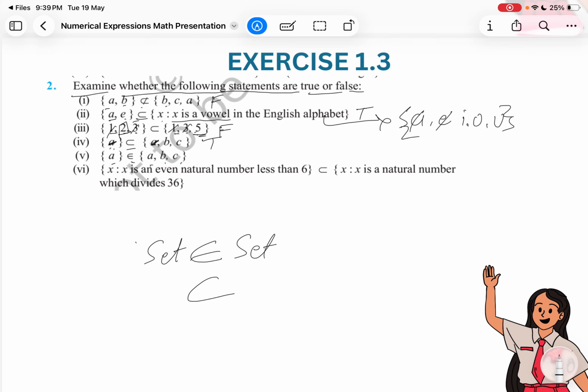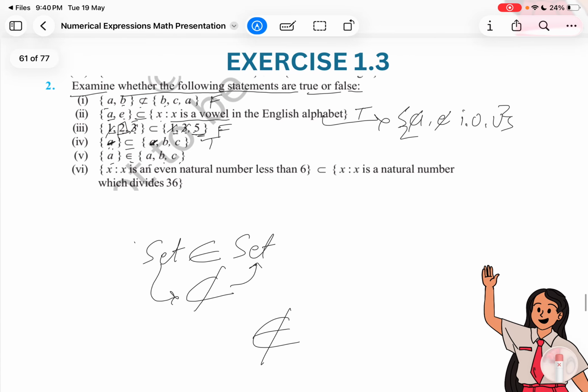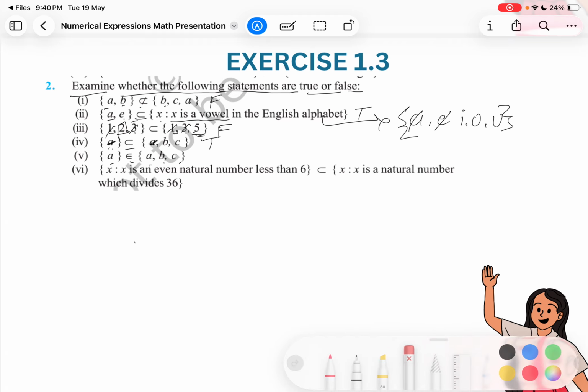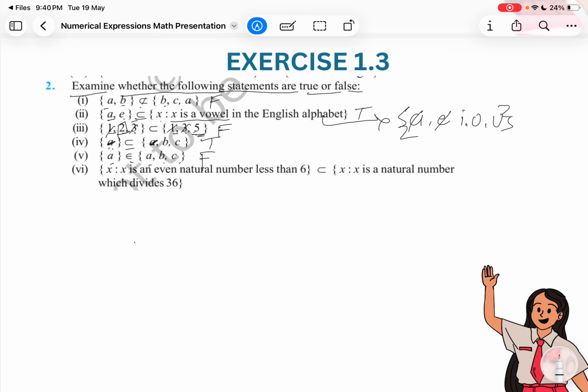If you are talking about a set, just check whether this set is a subset of this one or not. Belongs to or does not belong to is not allowed for sets, right? So this is a false statement.